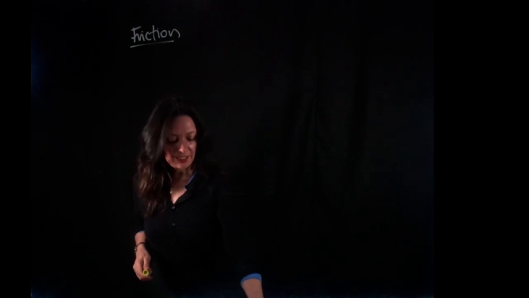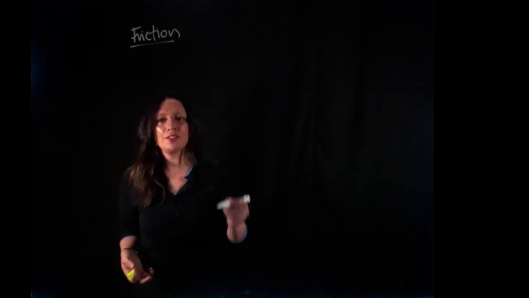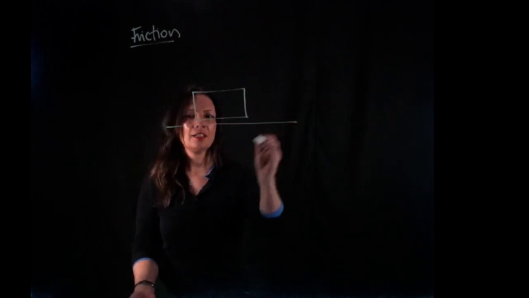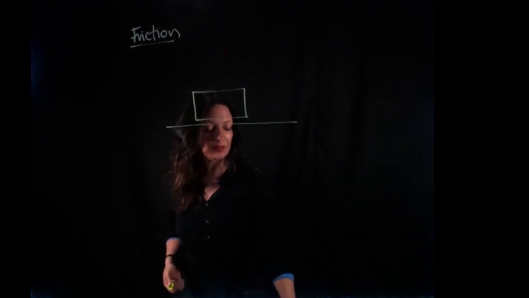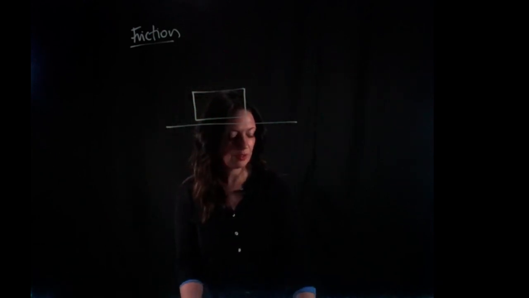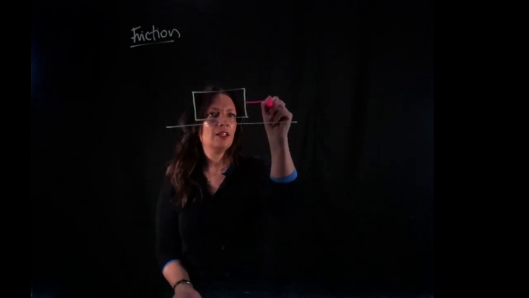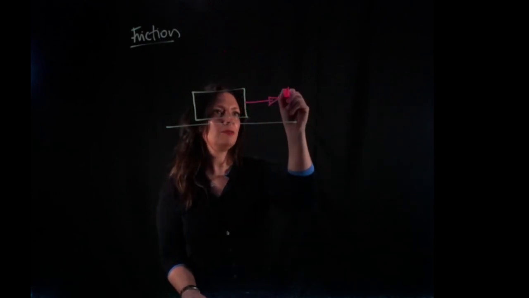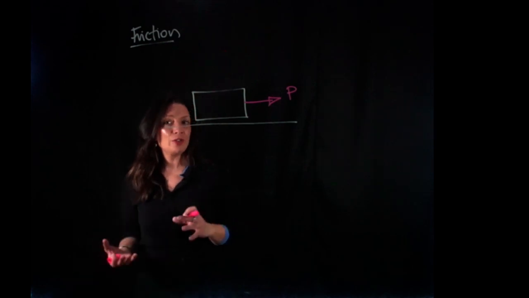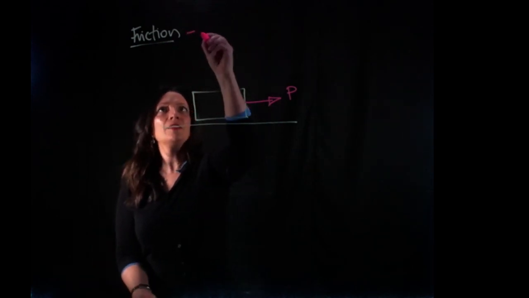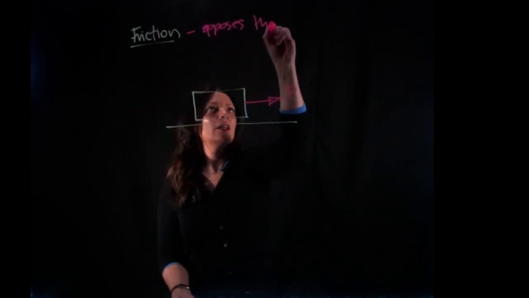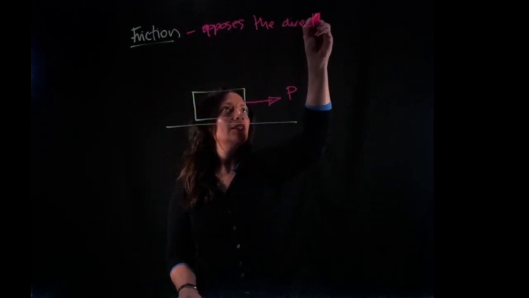Friction exists between two rough surfaces. If I have a box here, and I've just exaggerated the distance between the two a little so we can see, and I have a force pulling my box in this direction, friction opposes the direction of motion.